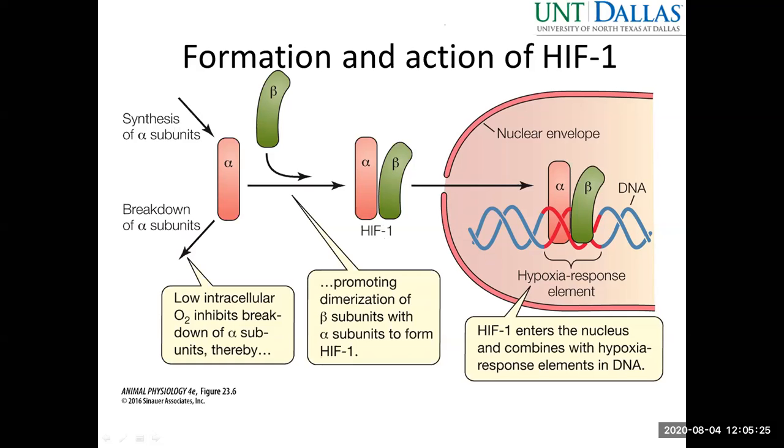The concentration of alpha subunits rises and more HIF1 molecules are formed by the dimerization of alpha and beta subunits. The HIF1 molecules enter the nucleus where they bind with specific DNA sequences, inducing the hypoxia response element, which in turn controls gene transcription.